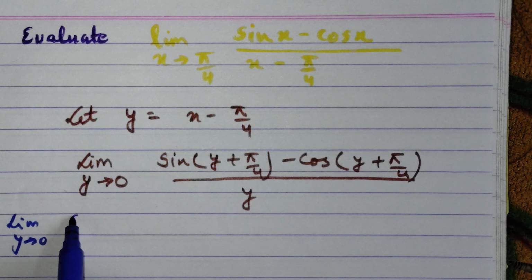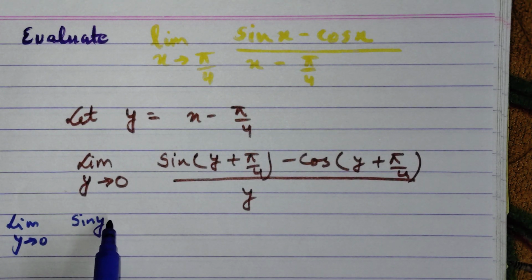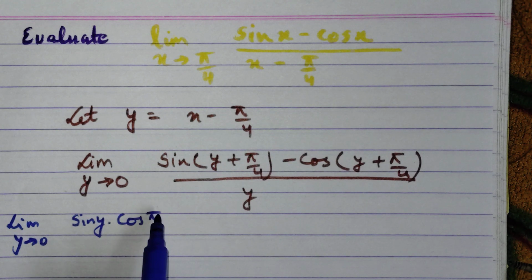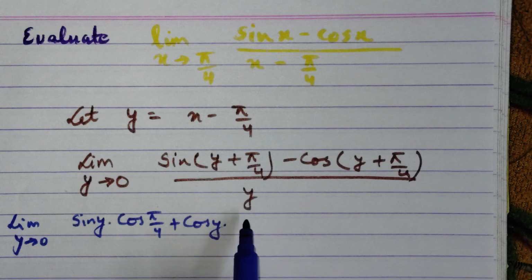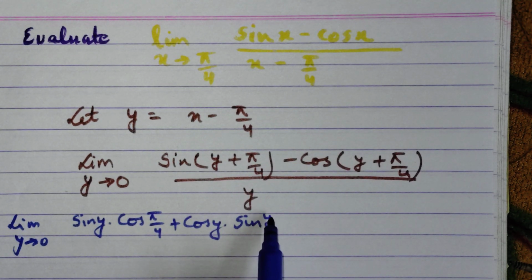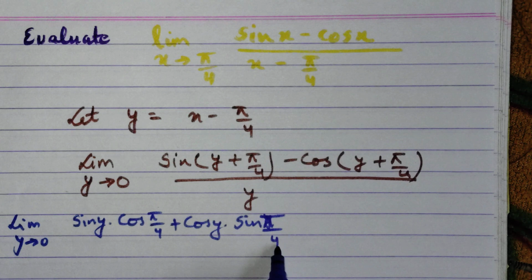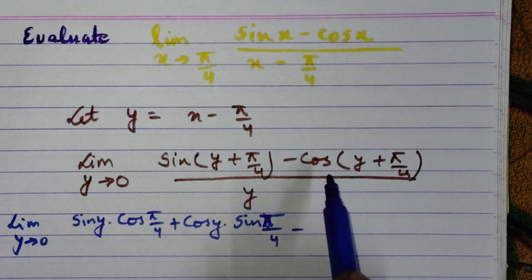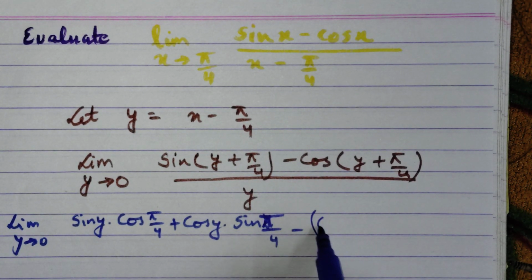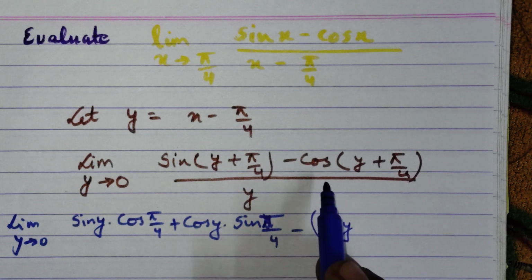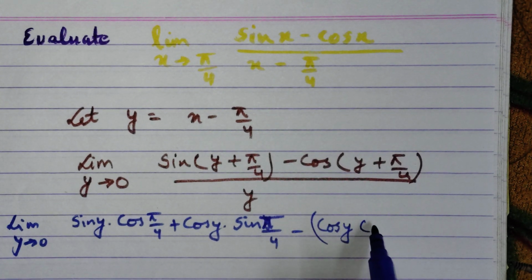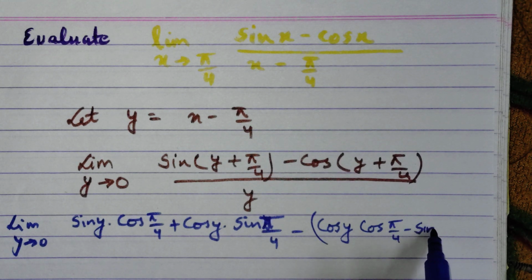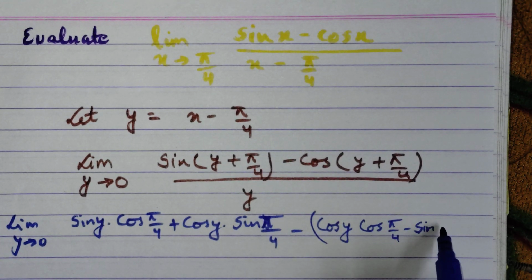The sin a plus b identity is sin a cos b plus cos a sin b, minus, there we also use the cos a plus b identity, which is cos a cos b minus sin a sin b. If there is plus, then there will come minus.